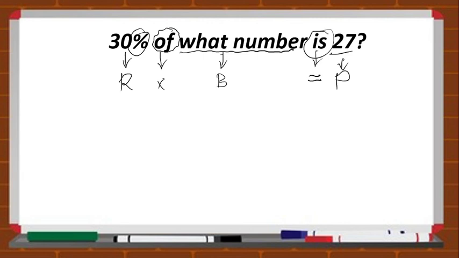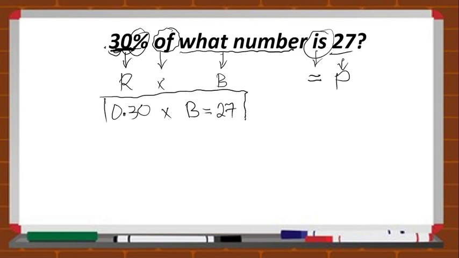Then let's give the equal value of each element. So R is 30%. First, write this into decimal form. All we have to do is move two decimal places to the right. So this will be 0.30, or 30 hundredths, times base is equal to the value of P, 27. So this will be our equation.